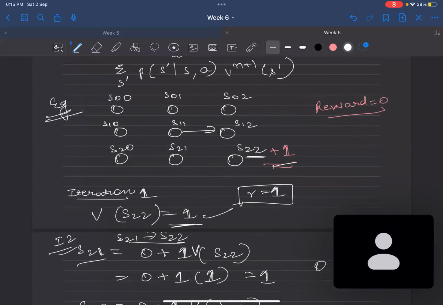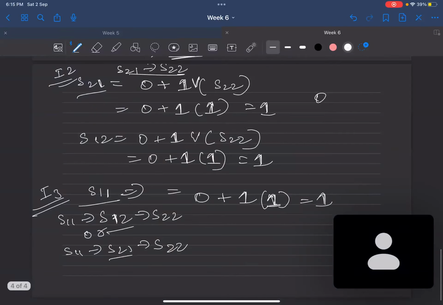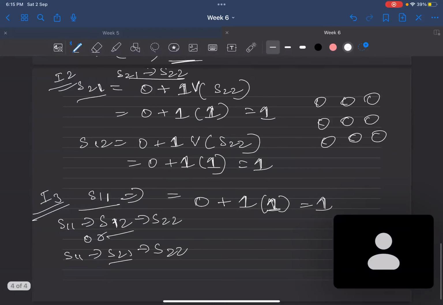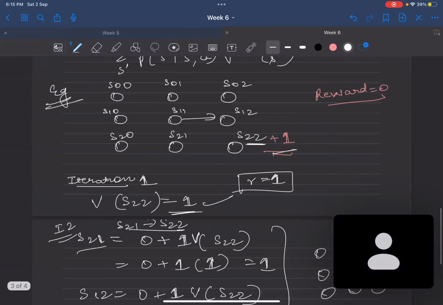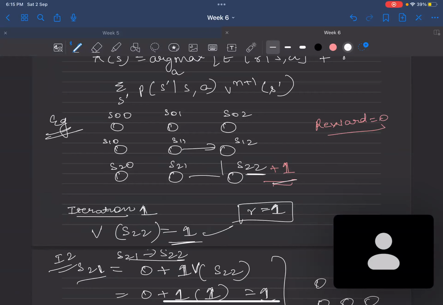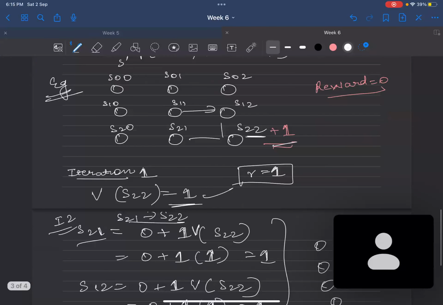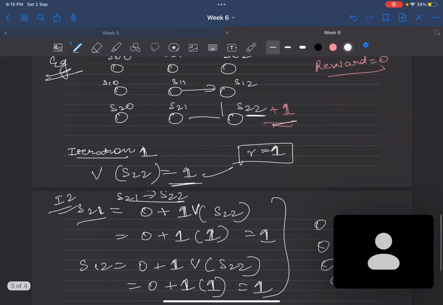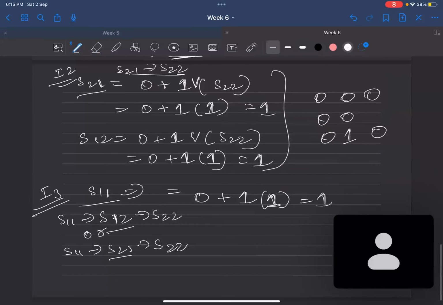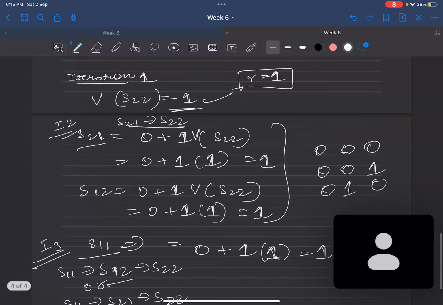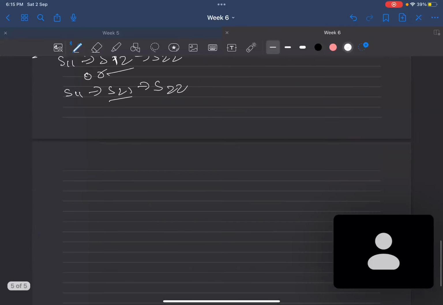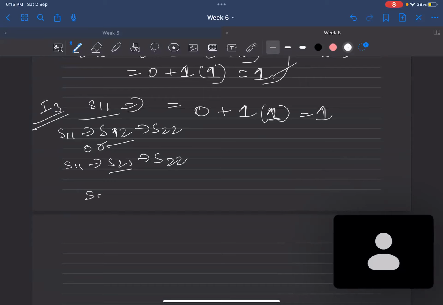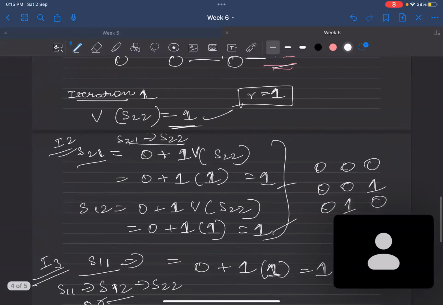When I am updating my policy, the value functions earlier were 0, 0, 0, 0. Now after this iteration, this is 1, I can say, the value function, and this is also 1. Am I correct? Yes. S11 is this. What about S02? Now, do we need to take max?